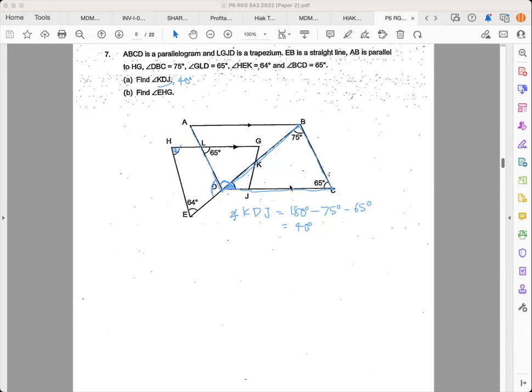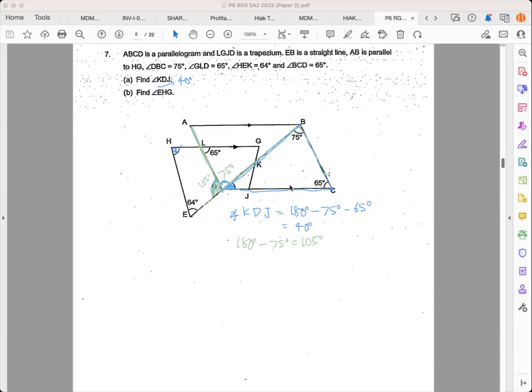We'll use another color here. So there's a Z here. This is 75. This will be 75. So this and this is a straight line. So angles on a straight line, I can find this angle, which is 180 degrees minus 75 degrees. I get 105 degrees.